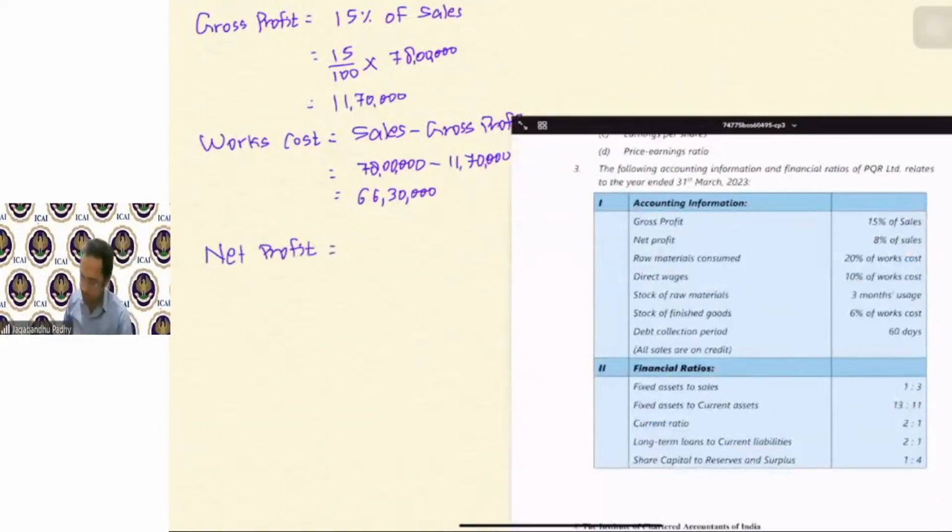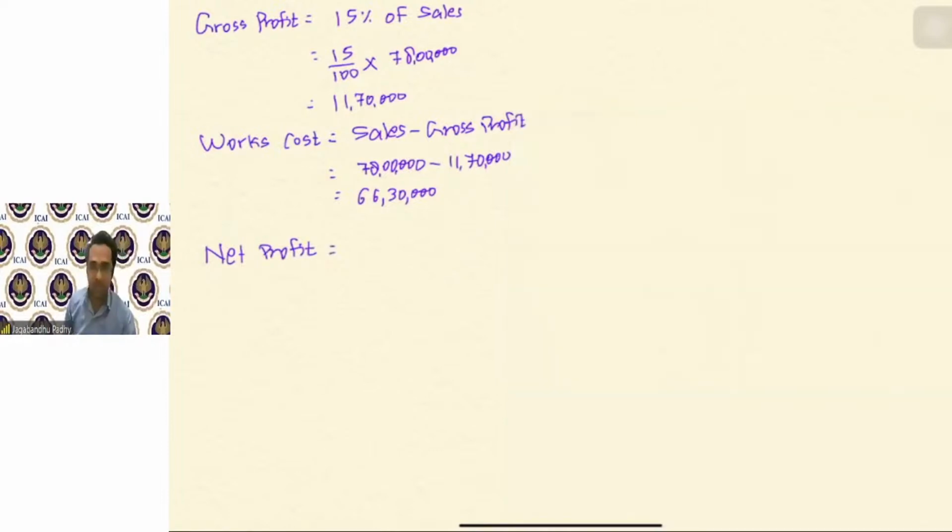Net profit is 8% of sales. So it is 8 upon 100 into 78 lakh, which is 6 lakh 24,000 as the net profit.